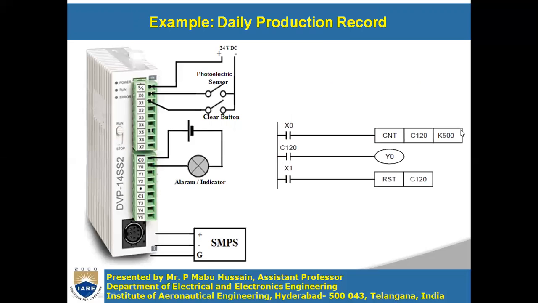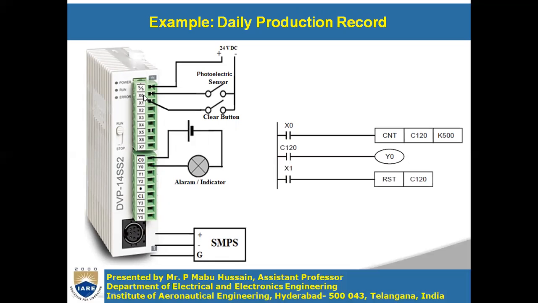You can see the PLC connection diagram. The photoelectric sensor is connected to X0, the clear button is connected to X1, and the alarm or indicator is connected to output Y0. Whenever the product is sensed by the photoelectric sensor, X0 will be energized.